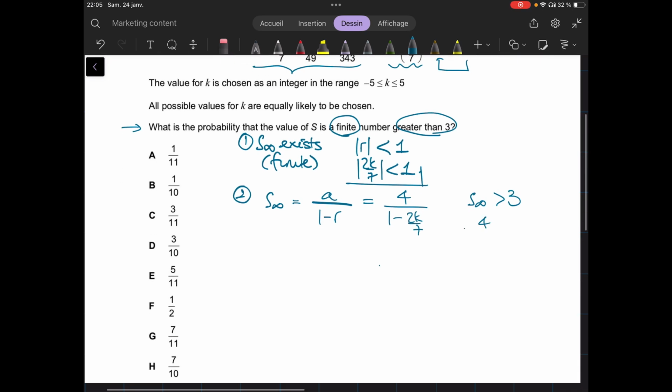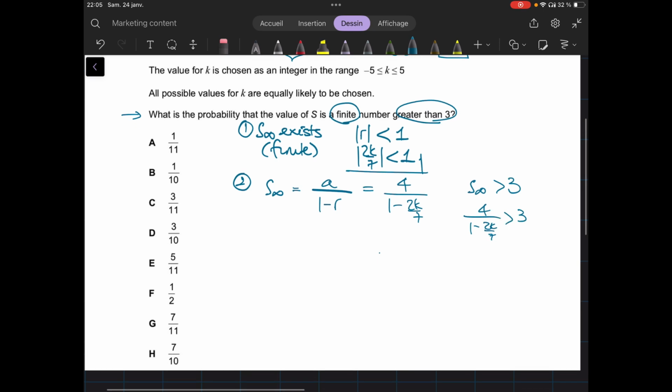So, multiply both the numerator and the denominator of the fraction with 7. Notice that I did not multiply the right hand side with 7, because effectively what we're doing is we're just multiplying the top and the bottom of the fraction. The value of a fraction does not change.